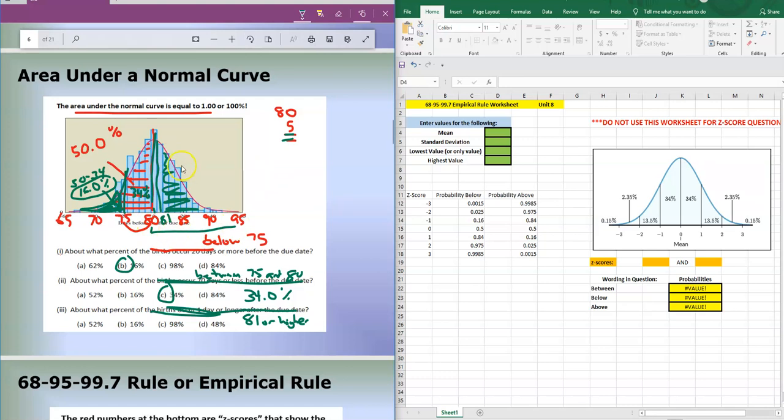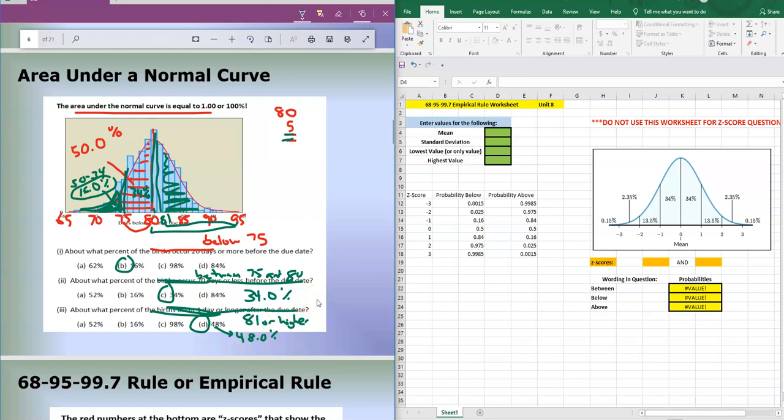So 81 or higher is just slightly less than 50%. So you would just pick the most logical choice. Some of these are going to be multiple choice answers on your quiz. And of course, if you needed to round that to one decimal place, you would have 48.0%.